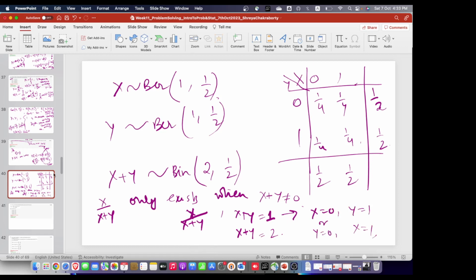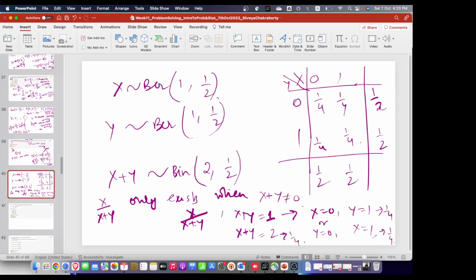Wherever this exists, for expectation of x by x plus y, this probability is 1/4, this is also 1/4, and this is also 1/4.